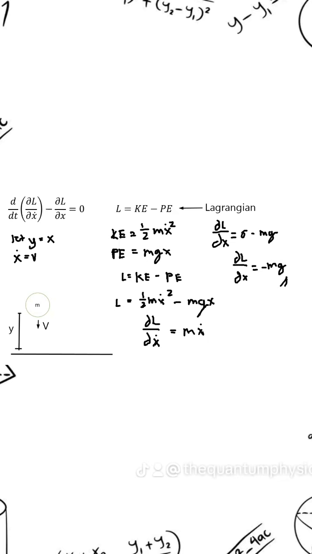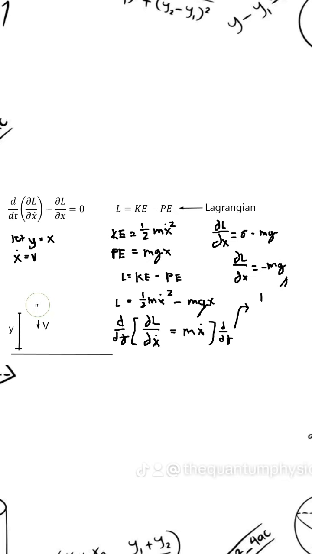So if we do have that, what we can do now is take its derivative with respect to time. So that's going to be d over dt. Going to take the derivative of both sides with respect to time.